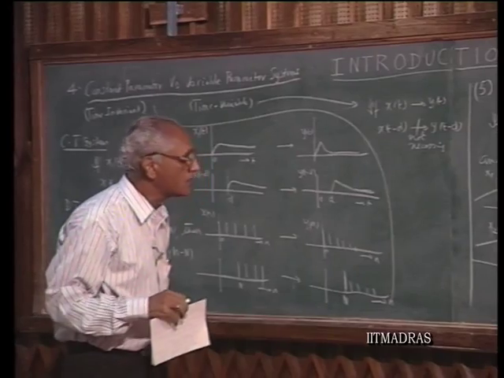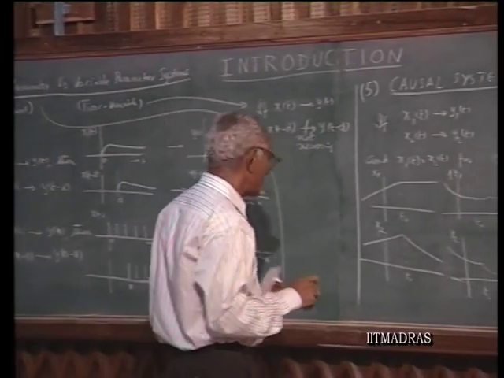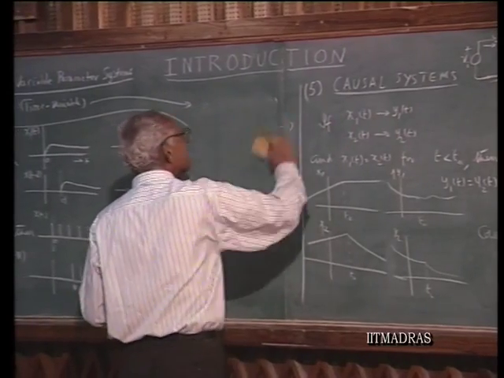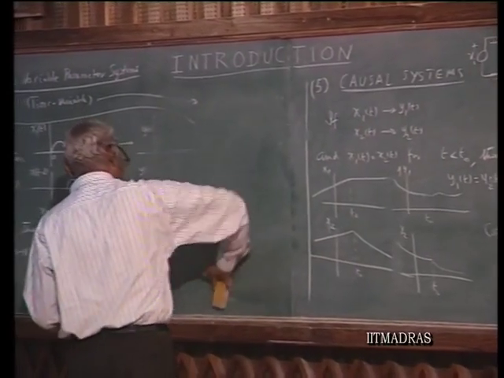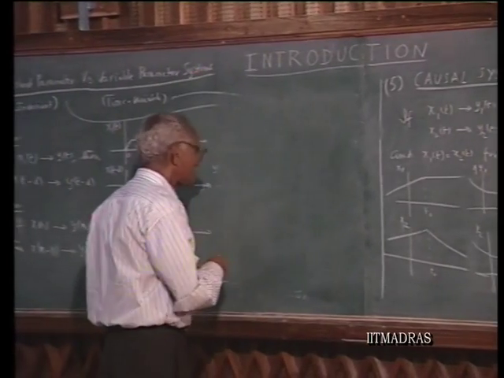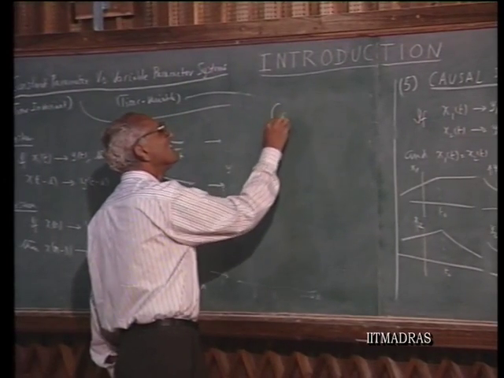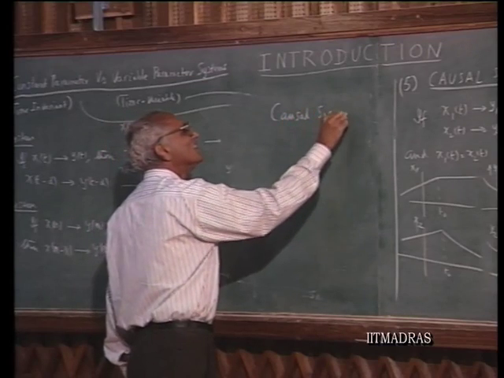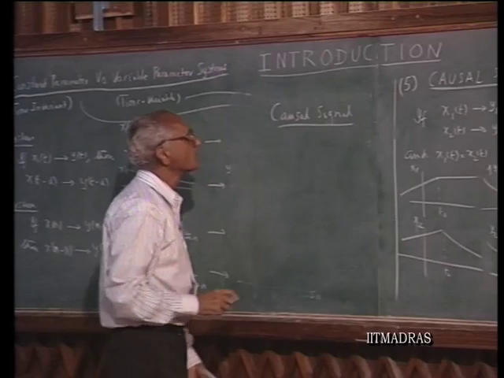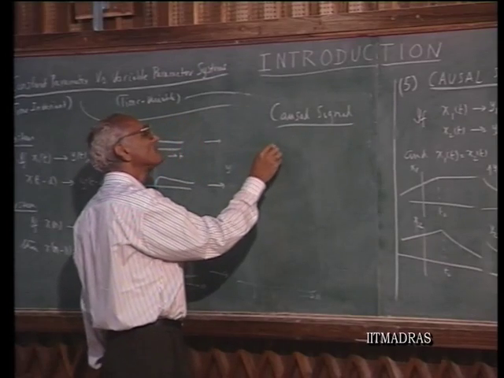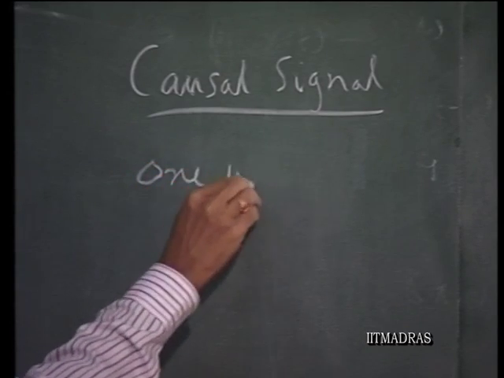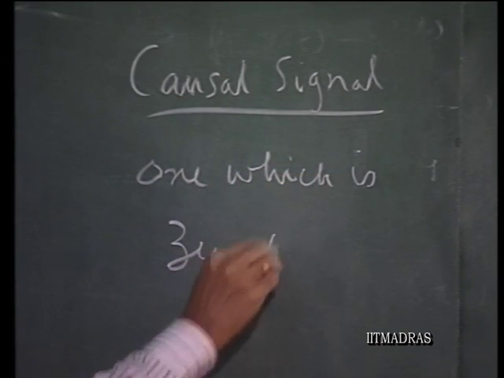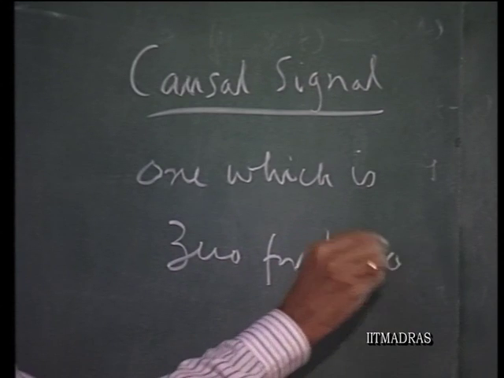Now, another terminology that we can introduce at this stage is convenient to use such a term. A causal signal is one which is 0 for t less than 0.